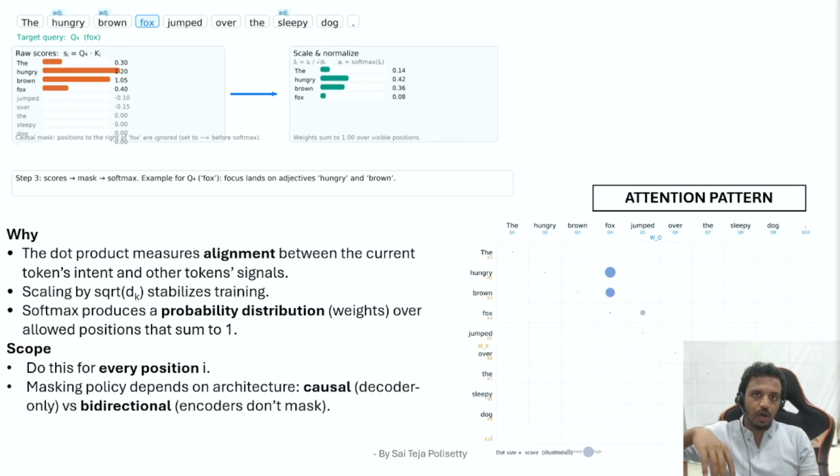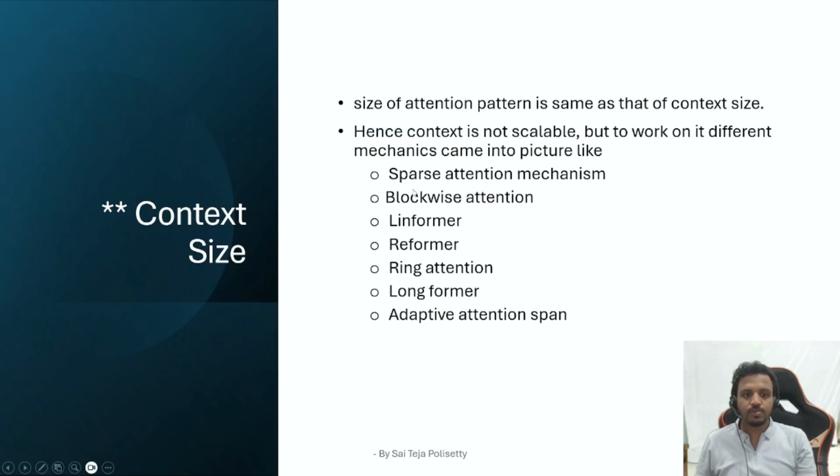So what can I do to improve my context size? There are a few patterns available, so I will list them out for you here. You can see sparse attention mechanism, reformer, ring attention, longformer, adaptive attention spans. There are a few things.